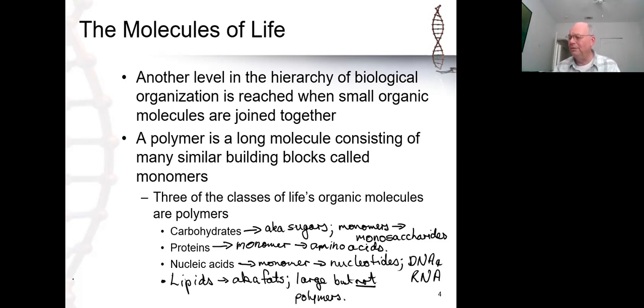So that we've got the four classes of macromolecules listed here together. The three polymer classes, carbohydrates, proteins, nucleic acids. The fourth class of macromolecules, the lipids, not polymers, but they are very large nonetheless.